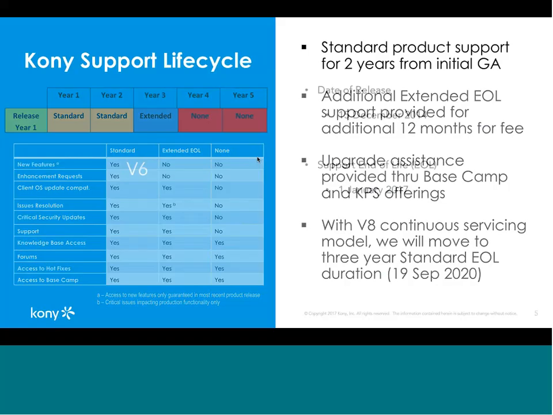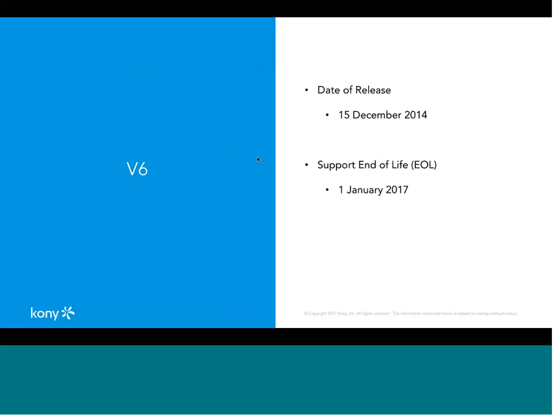Let's talk about the specific releases we have in mind, which is V6, which had an original release date of 15th December 2014, and which reached EOL as of 1st January 2017. Likewise, our version 6.5 was released on 14th July 2015, and reached end of life as of 1st August 2017.